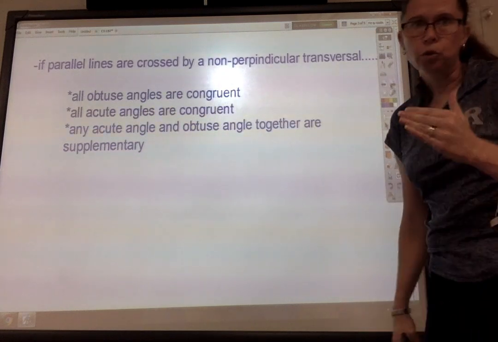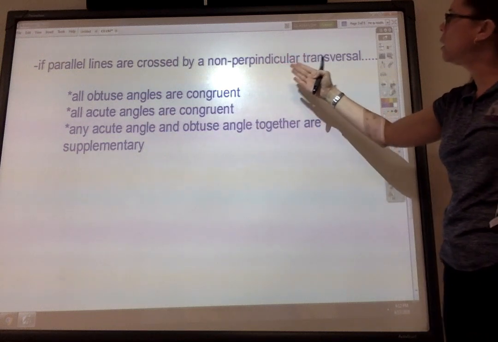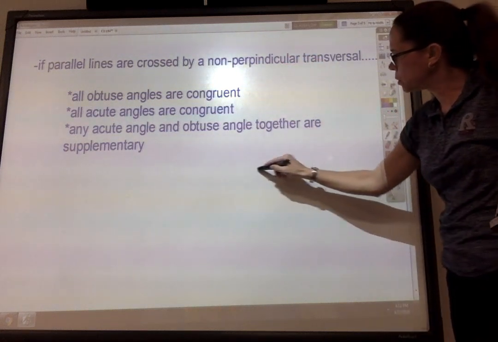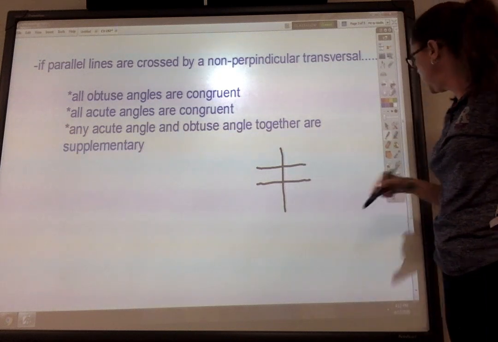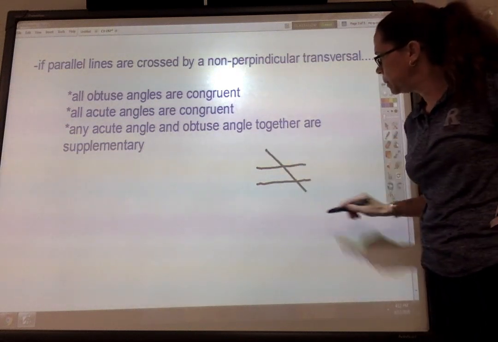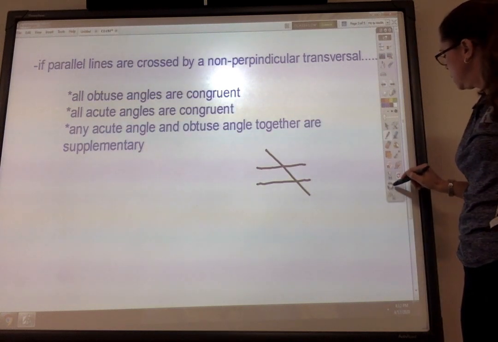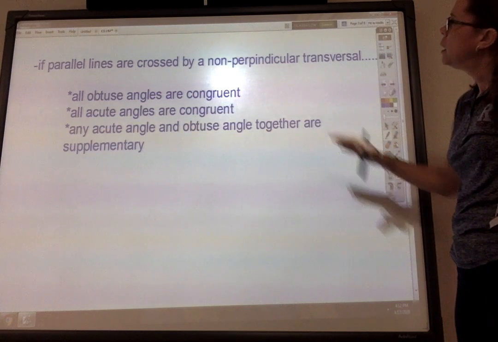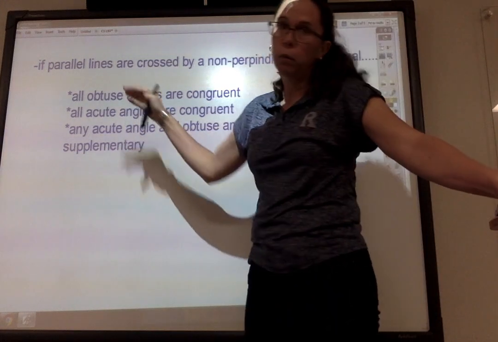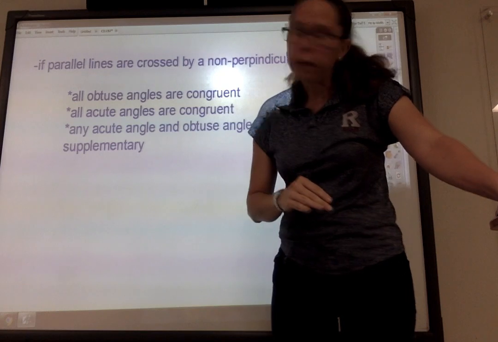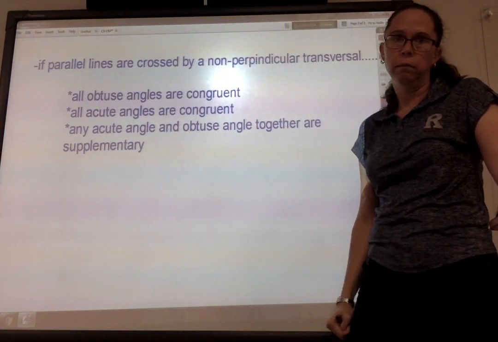Okay, here are some truths. If parallel lines are crossed by a non-perpendicular transversal, I'm not talking about this, that's perpendicular. I mean non-perpendicular, like that. If they are crossed by a non-perpendicular transversal, remember we get 8 angles that are created. The obtuse angles are all congruent.